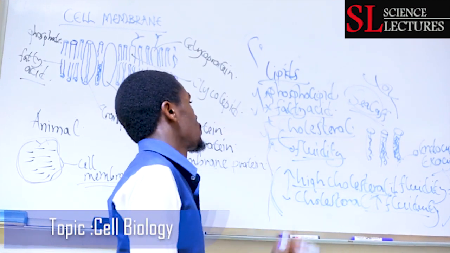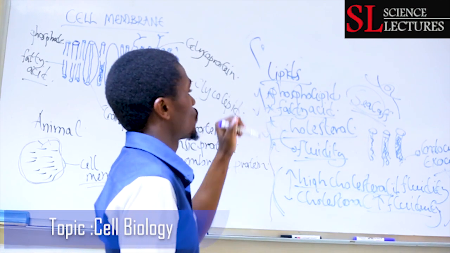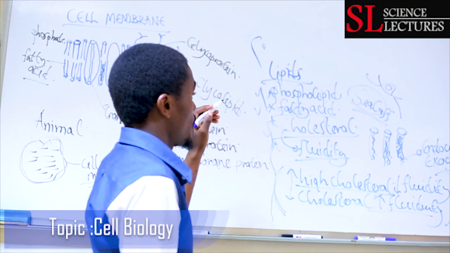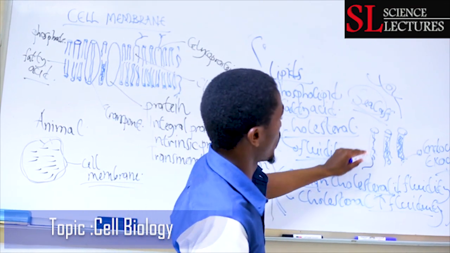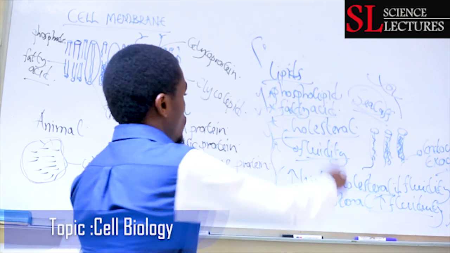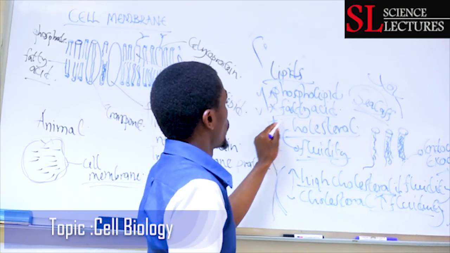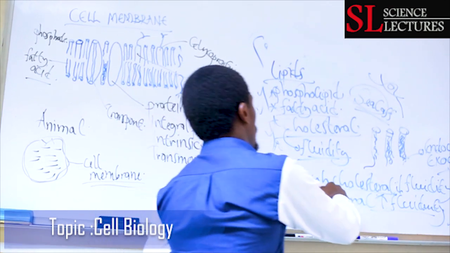They are also responsible for fluidity, because unsaturated fatty acids form a kink or a bend that helps to improve the fluidity. When they kink, there is a gap created within the phospholipid. Then the cholesterol finally will help in maintaining fluidity of the membrane.